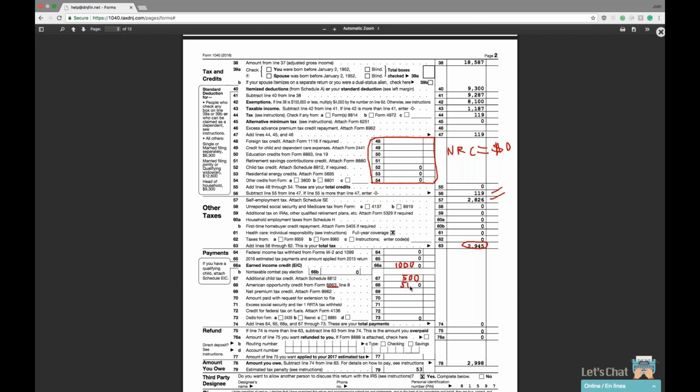So the customer has $2,000. The IRS is going to add this up and say, okay, you have total payments of $2,000. This plus this plus this. So you have $2,000 in payments. The IRS is going to say this minus this equals $945.